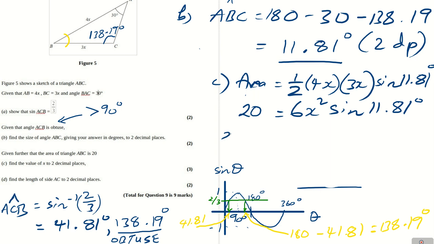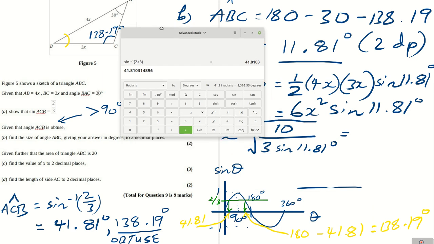So in other words, x squared is going to equal 10 divided by 3 sine 11.81 degrees, and then we're going to have to square root that to find x. So I can do that on the calculator.